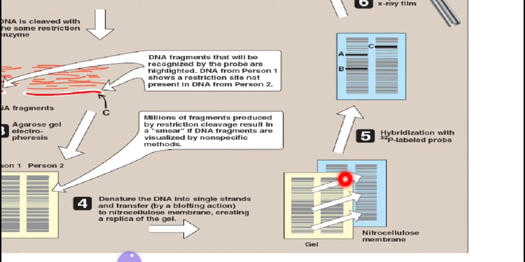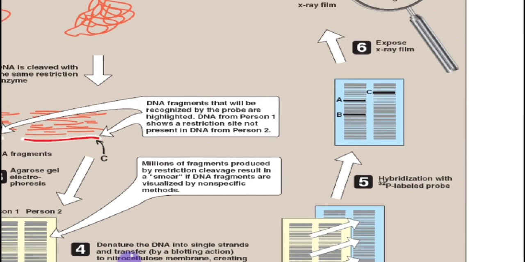This blue color is the gel, and it is transferred to the nitrocellulose membrane. Now this is hybridized with a P32 labeled probe. You can see that person 1 has a different pattern of DNA probing, and person 2 has a different probing with this hybridization technique.